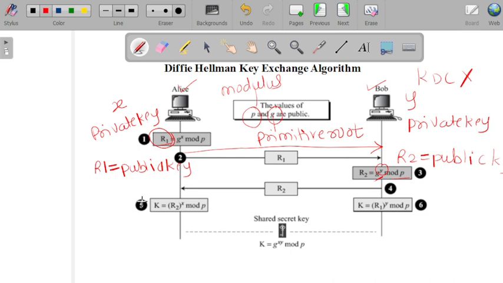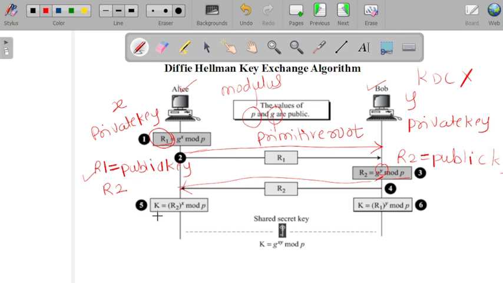After calculating R1 and R2, the R1 value is sent to Bob and the R2 value is sent to Alice. Now Alice has the value of R1 as well as the value of R2 sent by Bob, and the value of X, the private key of Alice.